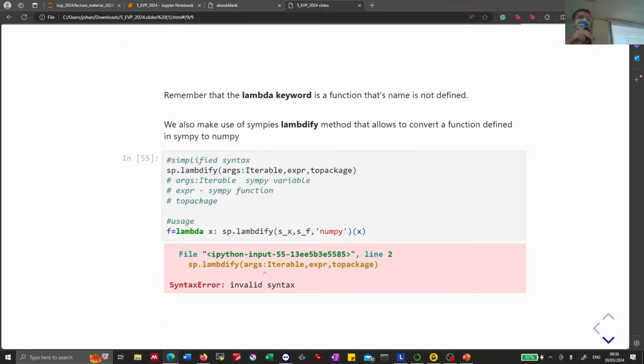Right, and in the next part we make use of our lambdify capabilities. Do you remember what lambdify was supposed to do? Lambdify is the communication between SymPy and NumPy. So with lambdify, we can take symbolic expressions and evaluate them numerically.